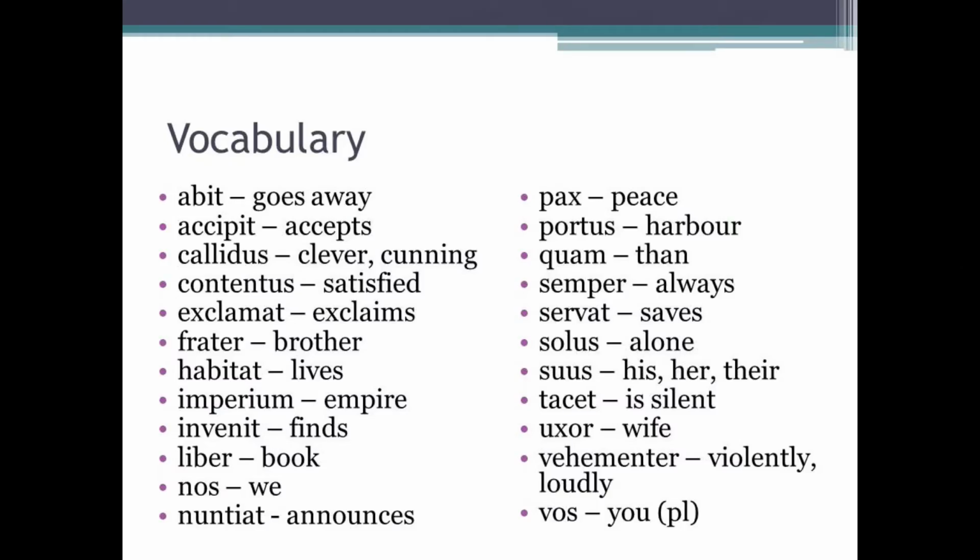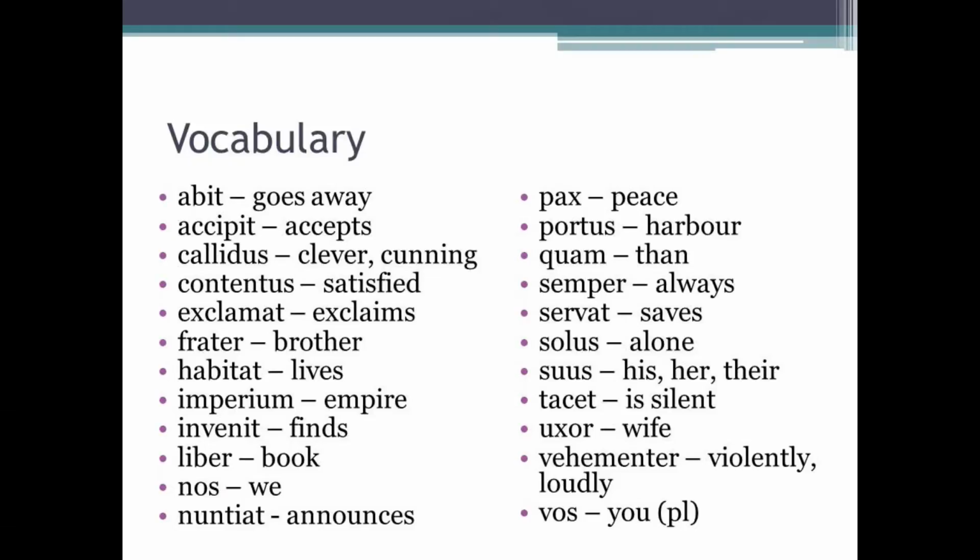Now let's have a look at some more vocabulary. Abit goes away, accipit accepts, callidus means cunning or clever, contentus satisfied, exclamat exclaims. Frater is a brother.